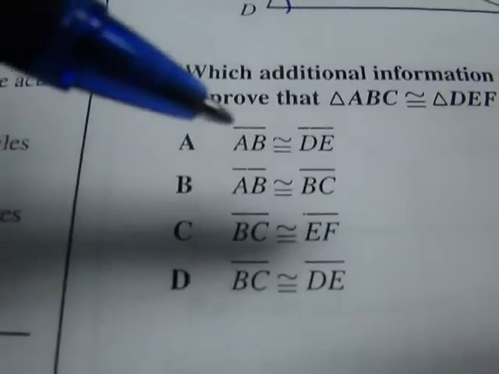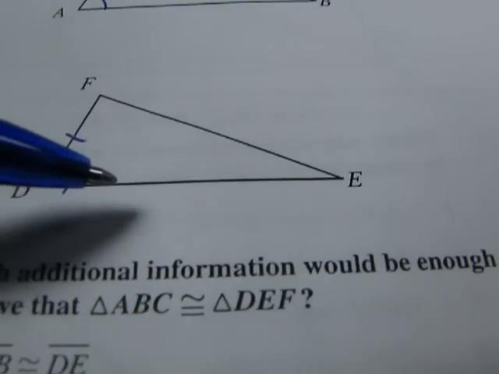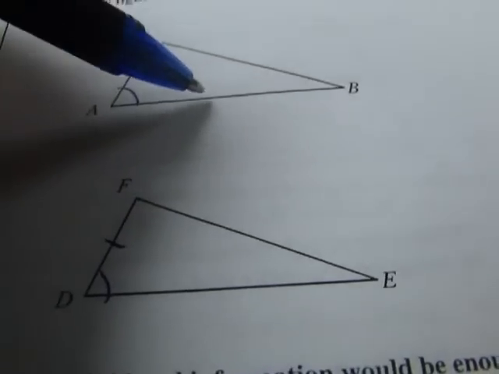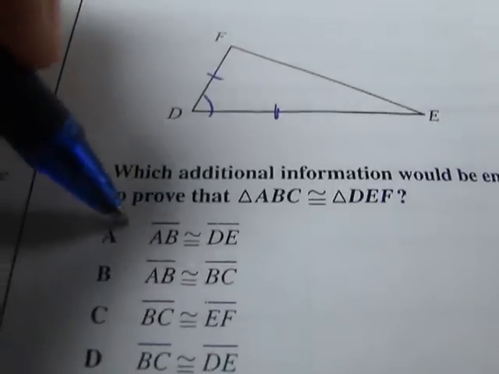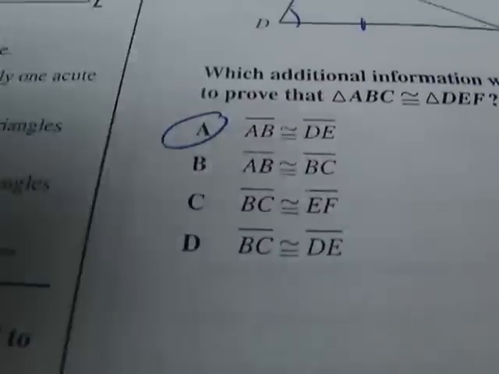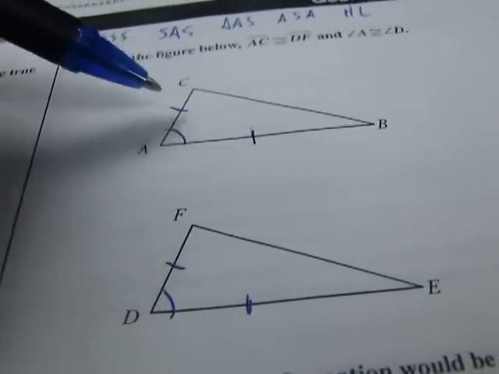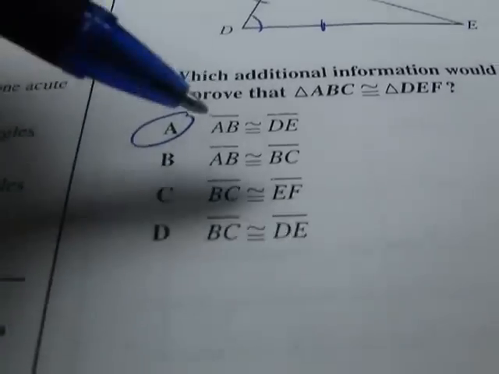It says AB is congruent to DE. Well, if AB was congruent to DE, would that give us side, angle, side? It looks like it would. So I think that's enough to prove that the triangles are congruent. Let's just take a look at a few of the others. AB is congruent to BC. Totally irrelevant. Not even talking about two different triangles.